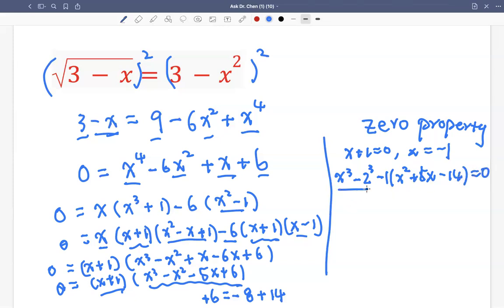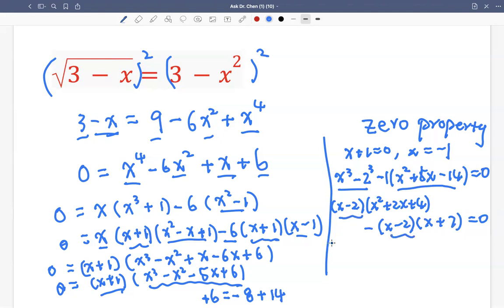Okay, so the difference of 2 cubes can be factored as x minus 2 times x squared plus 2x plus 4. Then minus this one, negative 14 can be factored as positive 7 times negative 2, because positive 7 minus 2 is 5, which gives us the middle term. So we can factor out x minus 2 from here too, and x plus 7. So that equals 0. Okay, I have constructed a common factor of x minus 2.